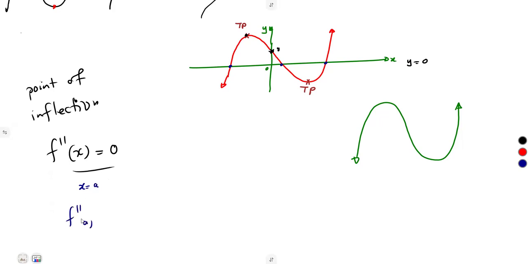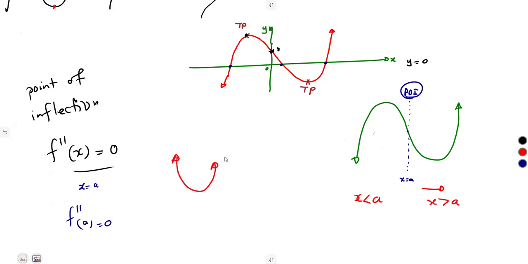So at a point where x is equal to a, let's say it is this point, at the point of inflection, it will help us to determine, before this side or after this side, for values of x which are greater than a, or for values of x which are less than a, whether the graph is concave up.